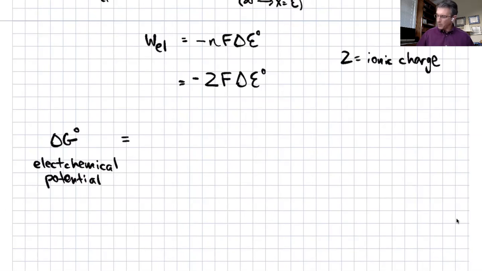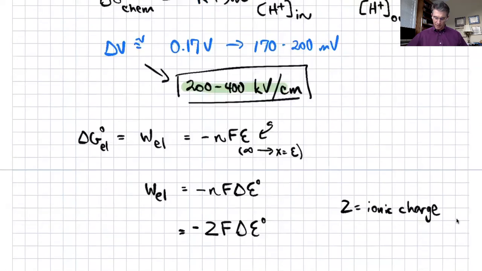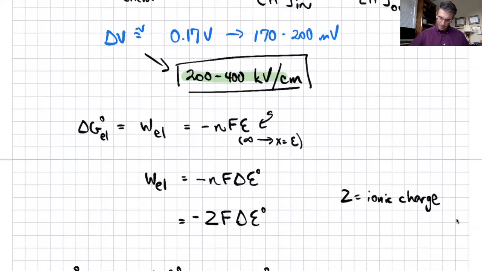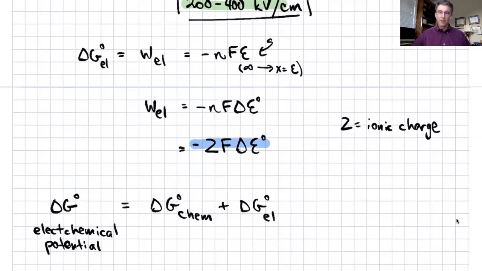And that's simply going to be equal to the standard state chemical potential free energy plus the standard state electrical free energy. That should become pretty obvious, because now all we've got to do in principle is combine this expression along with this expression.